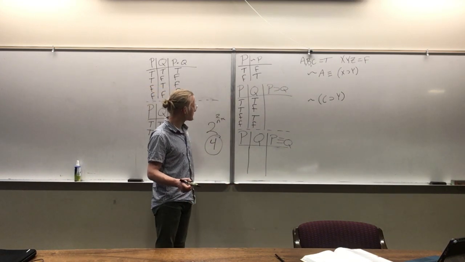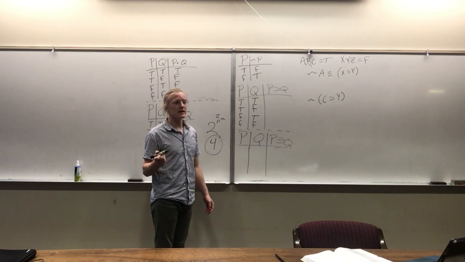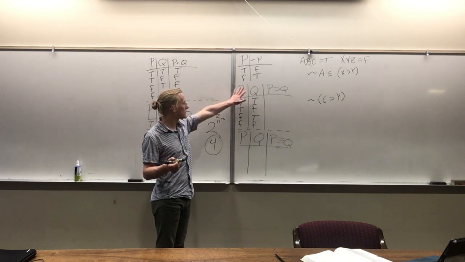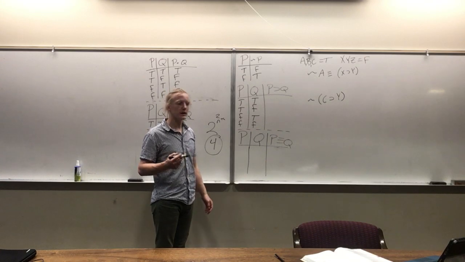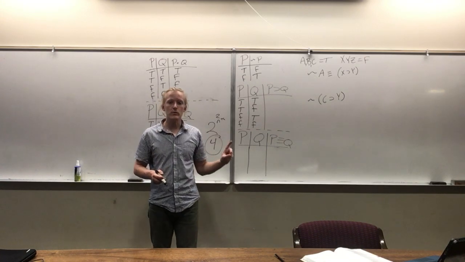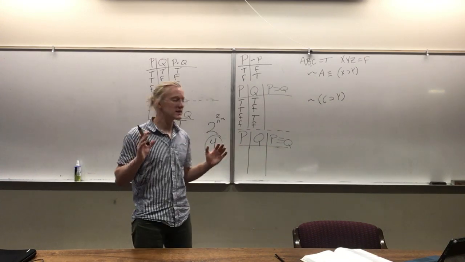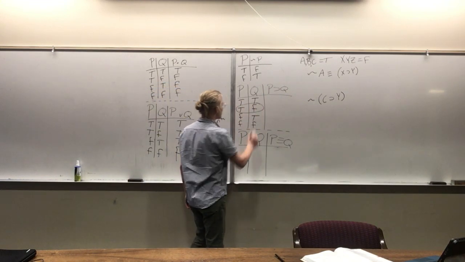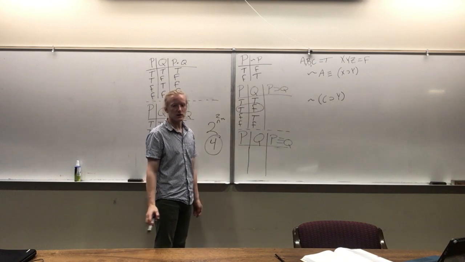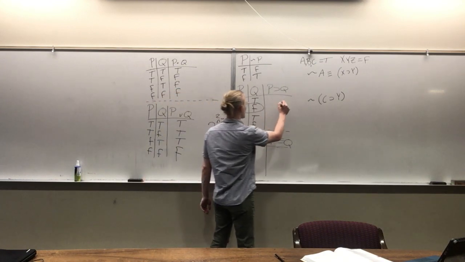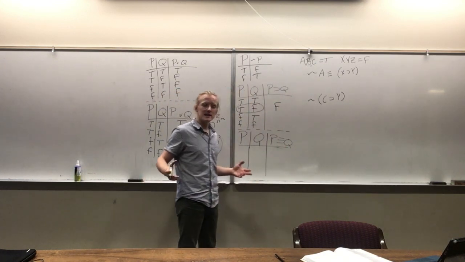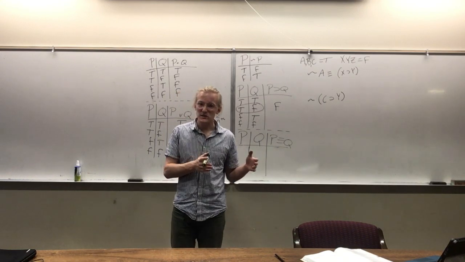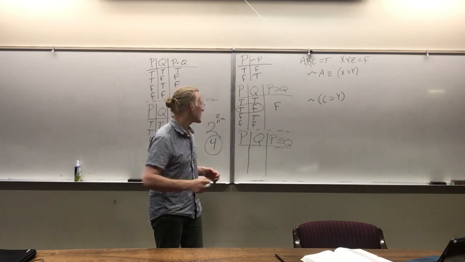So the conditional, the way that I think about the conditional when I'm looking at this truth table is that there's only one place in which the conditional statement is false. And that is when you have a line that has a true antecedent and a false consequent. That's when it's false. And this is the kind of statement that says, if it's raining outside, then the ground is wet.